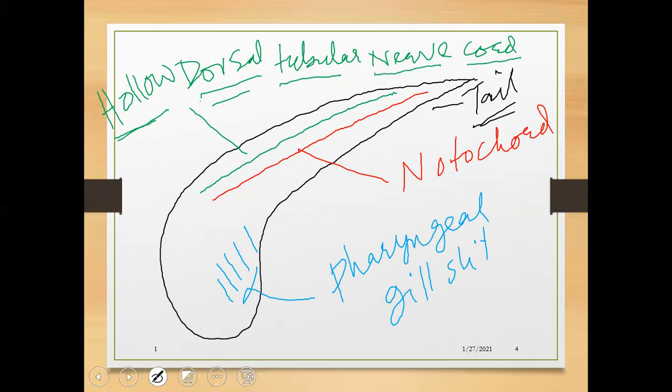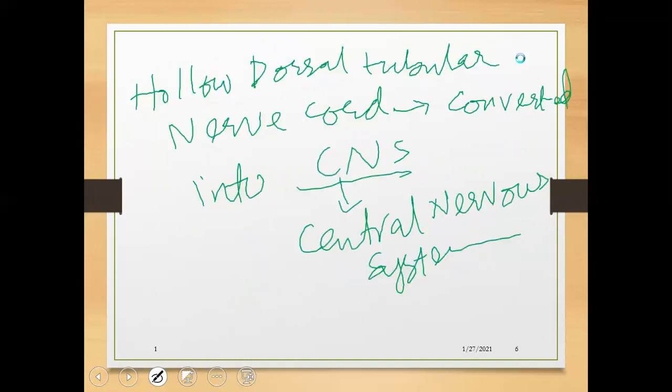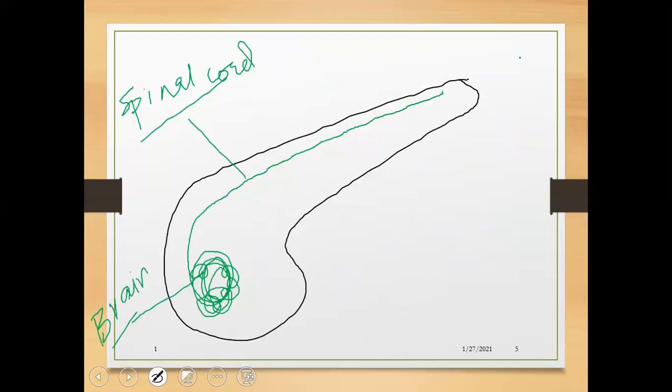This is a hollow tubular string made of neurons, a thread you can say, present on the dorsal side of the body. This hollow dorsal tubular nerve cord is converted into the CNS. This one is the brain and this is the spinal cord.